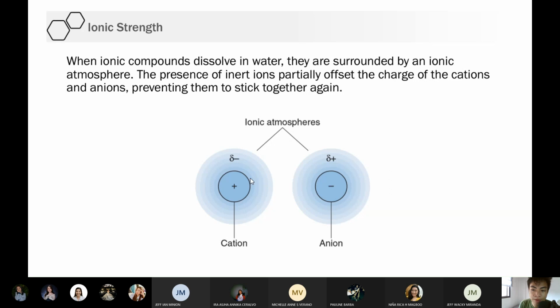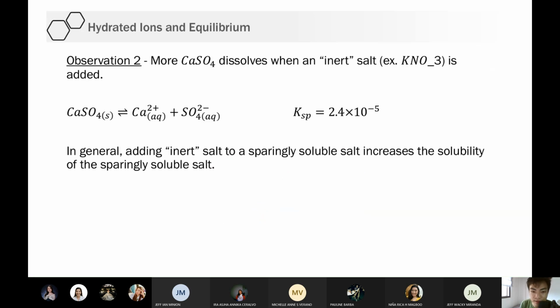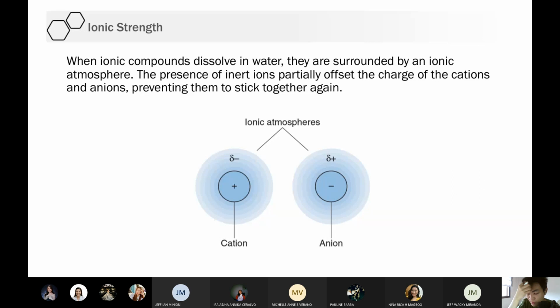The hydration sphere is also called the ionic atmosphere. This is the atmosphere into which your water molecules or other ions can disperse. Let's use calcium sulfate as an example. Suppose we have the sphere of the calcium ion and the sulfate ion. Let me draw it here.